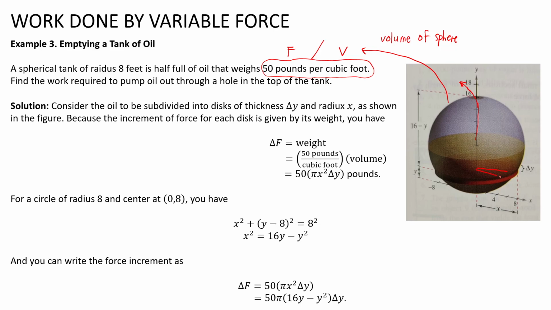So one portion here, then rotating it 360 degrees, you'll be generating a horizontal disc. So the volume here is pi r squared times the thickness delta y.